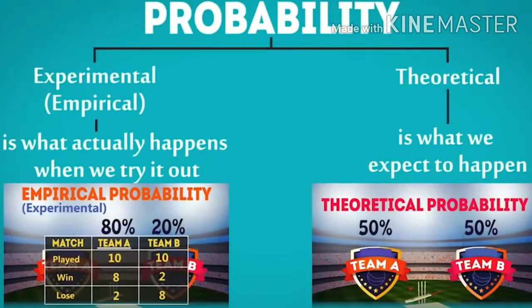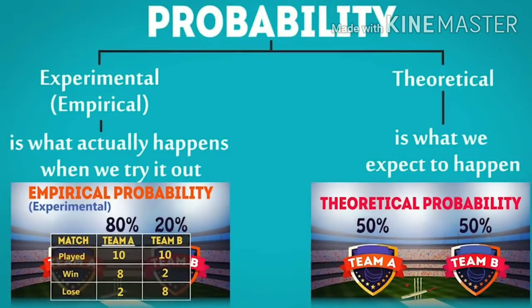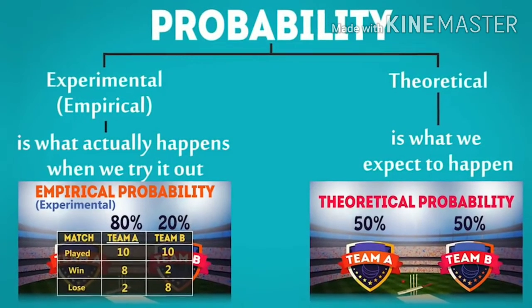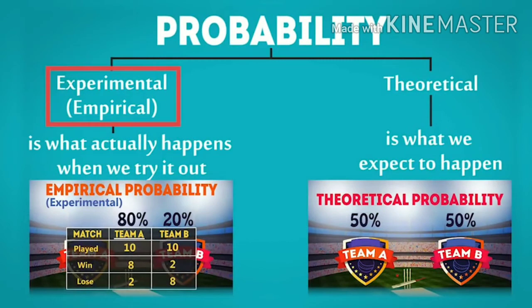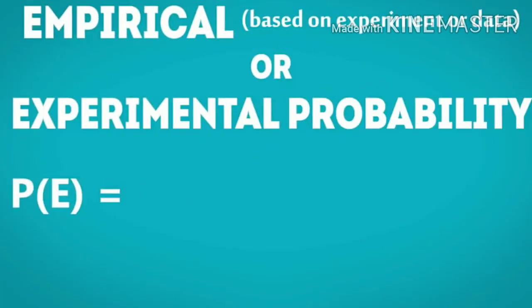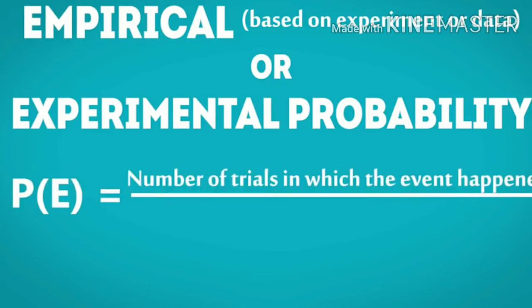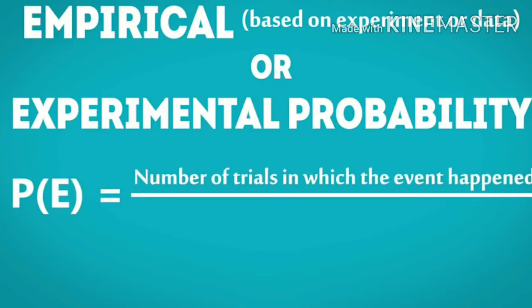Now, there is no doubt between experimental probability and theoretical probability. Experimental probability is the number of trials in which the event happens divided by the total number of trials, which gives you the probability of that event.